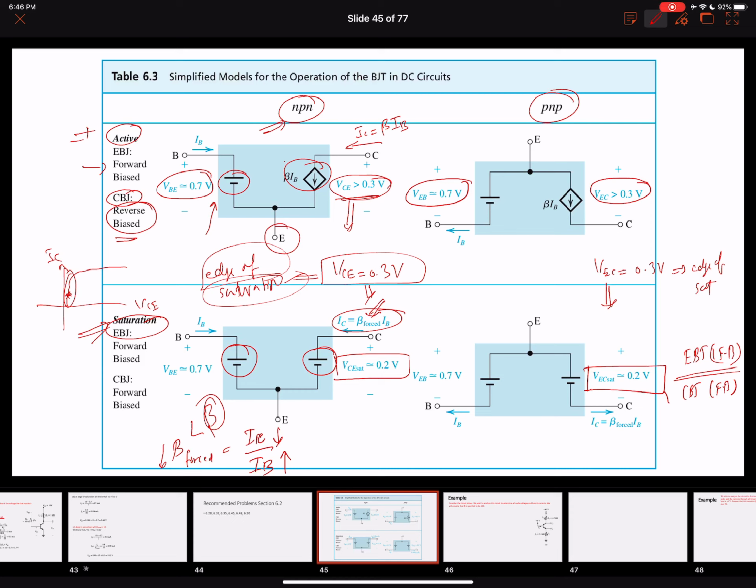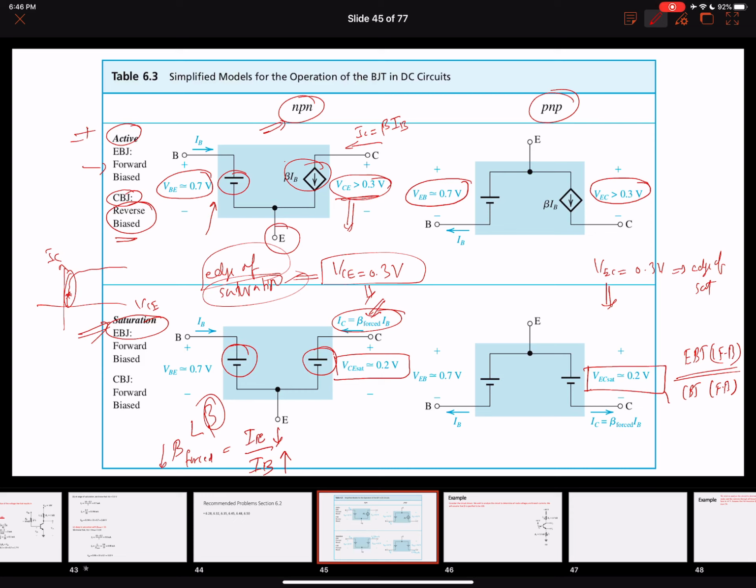The other thing to note is our collector to base junction should be reverse biased. This means that for an NPN transistor, our collector should be at a higher potential as compared to the base. And we have seen that for our common emitter model, our collector to emitter voltage should be greater than 0.3 volts for the collector to base junction to be reverse biased.